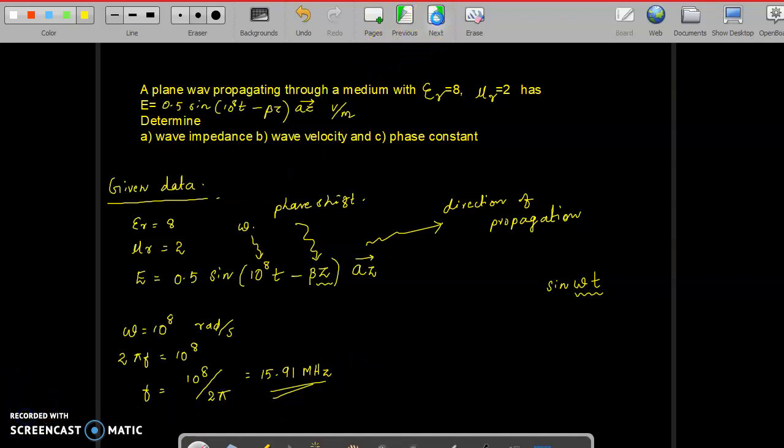Now we are going to calculate the intrinsic impedance. It is expressed as square root of mu by epsilon. So we know that mu equal to mu naught mu r, and epsilon is equal to epsilon naught epsilon r.